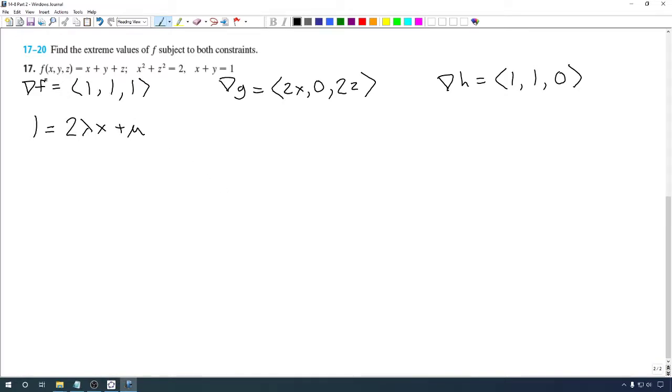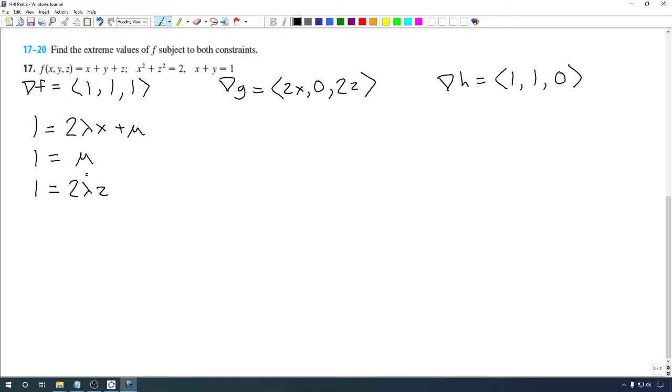Do the same thing, we have 1 is equal to, this time, lambda times 0, plus mu times 1. And then we have 1 is equal to 2z times lambda. And this time it's plus mu times 0.